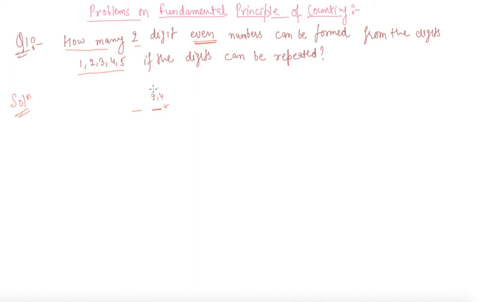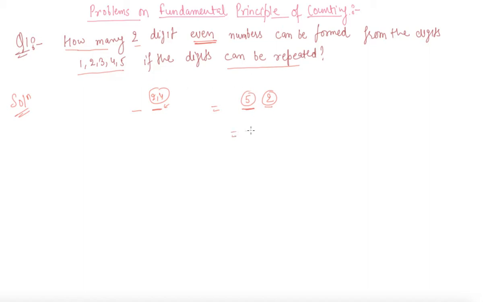Here 2 or 4 can come. So this place can be filled in two ways. Now this place can be filled in five ways in total, student, because repetition is allowed. So from 1 2 3 4 5 any number can come here.